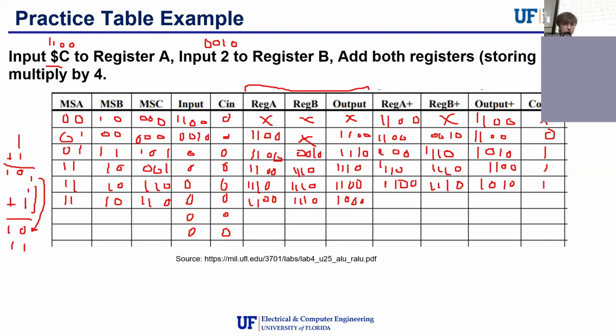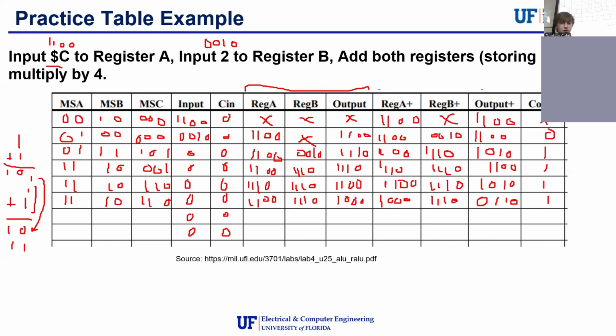So register A plus will be 1000 because it got shifted. Register B will stay the same, so 0. And we can just do a simple addition. So we'll have a 0 in the first bit, then 1 and 0 is 1, 1 and 0 is 1, and then 1 and 1 is a 0, and then the carryout will be 1.